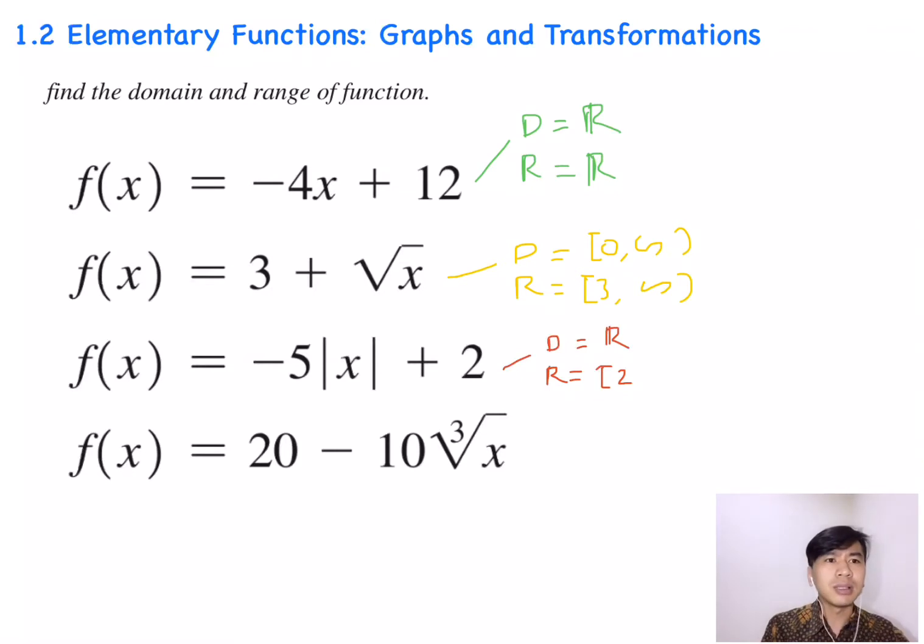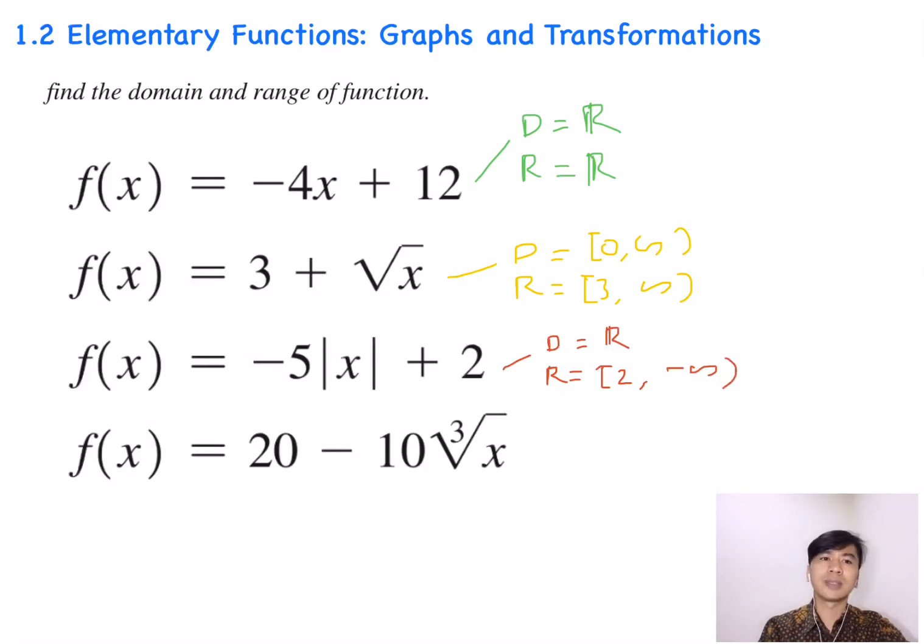It becomes more negative. What happens if x is -1? The absolute value stays positive and it will give the same result as x equal to 1, so it is -3. What happens if x equals 1000 or -1000? You'll have -5000 plus 2, so it's more negative. That's why the range will go to negative infinity.